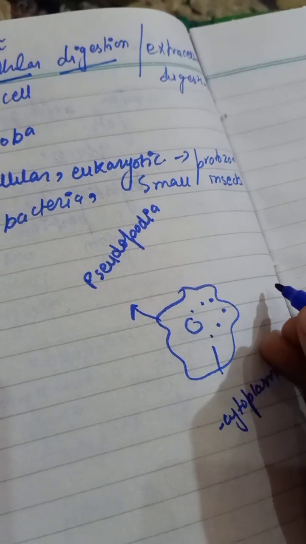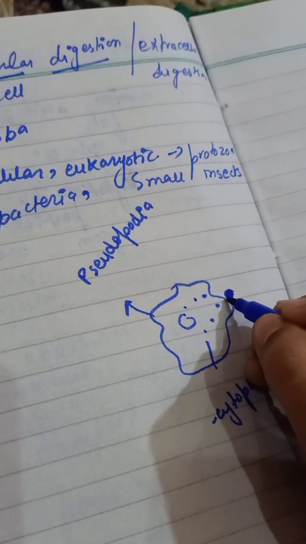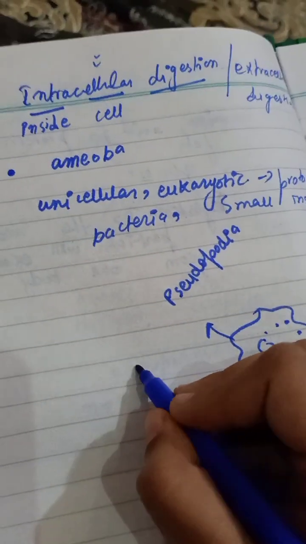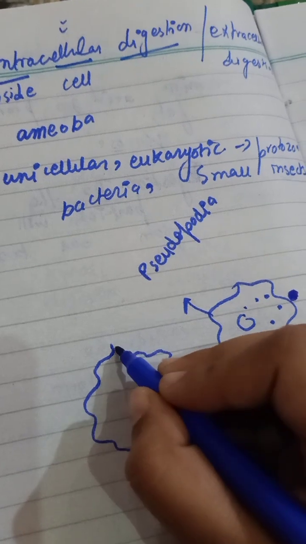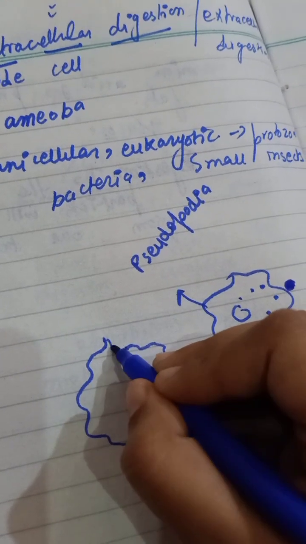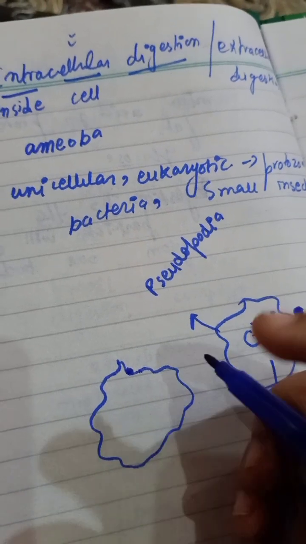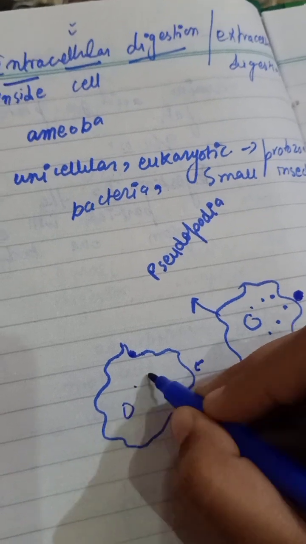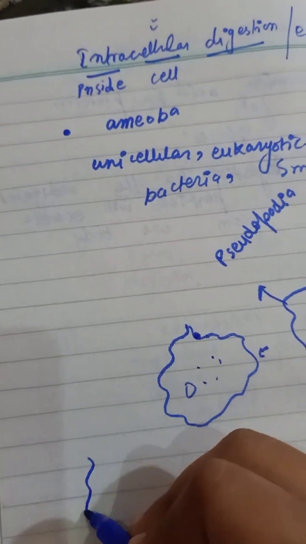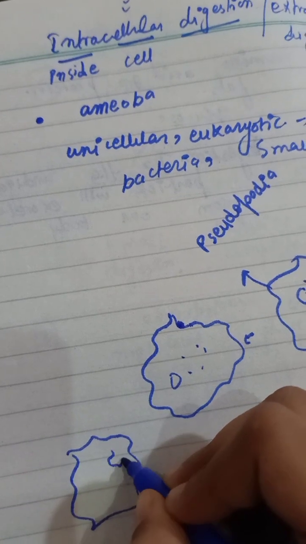For example, there is a food particle here, and it touches the pseudopodia, so they will be taking the food inside their membrane, which is pseudopodia. In the next step they will be converting the food.